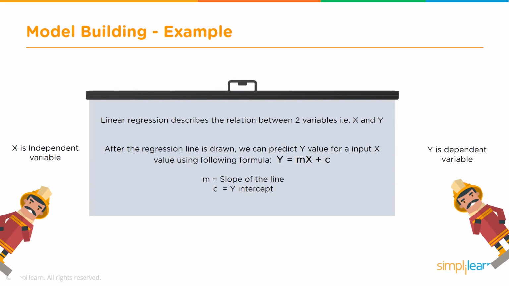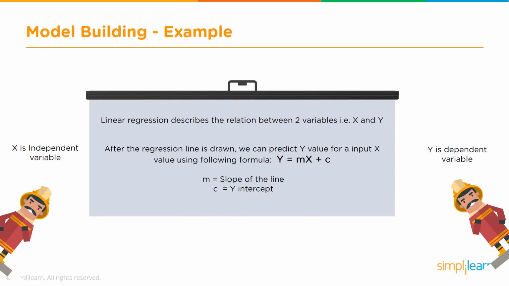And then a little bit of detail on how linear regression works. Linear regression is basically coming up with a relation between an independent variable and a dependent variable. It is pretty much like coming up with the equation of a straight line which is the best fit for the given data. For example here, y = mx + c. y is the dependent variable and x is the independent variable.